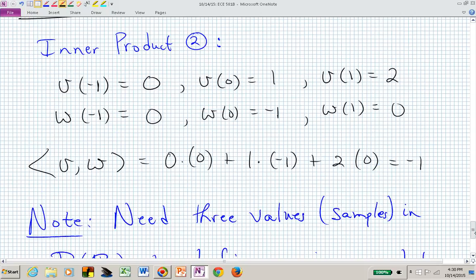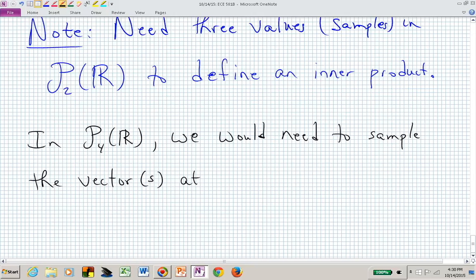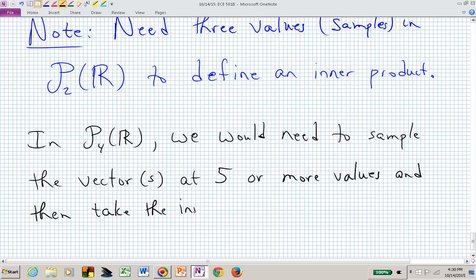If we sampled a second order 3 times, now if we have a fourth order, we need to sample 5. So we've sampled the vector at 5 or more values, and then take the inner product.